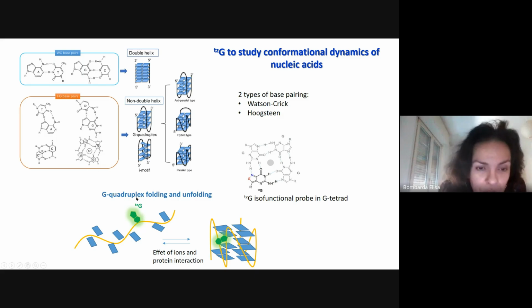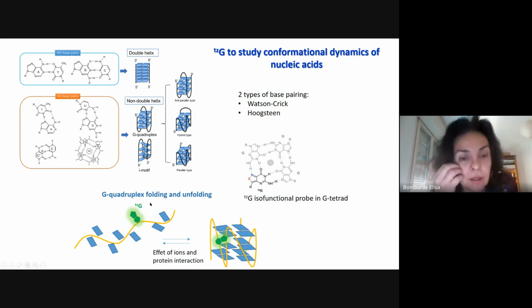But TCG will definitely be the ideal nucleotide that can be used, and so that will be in the future.